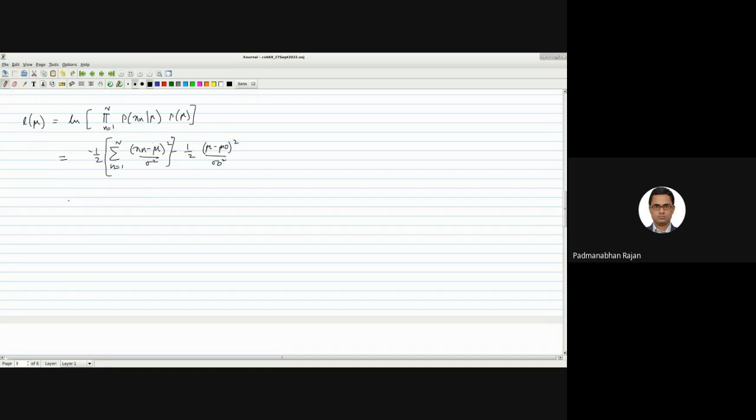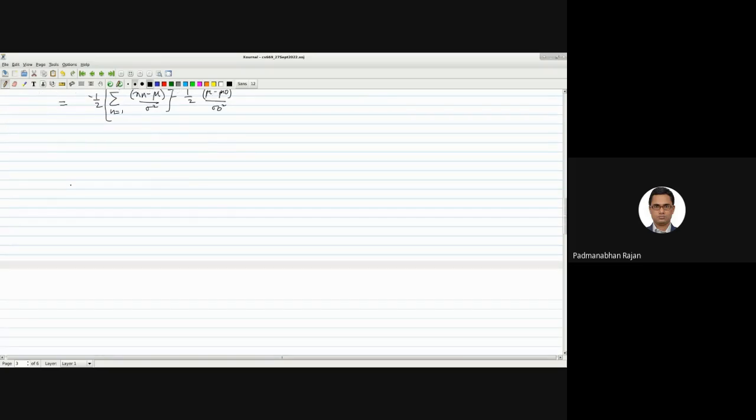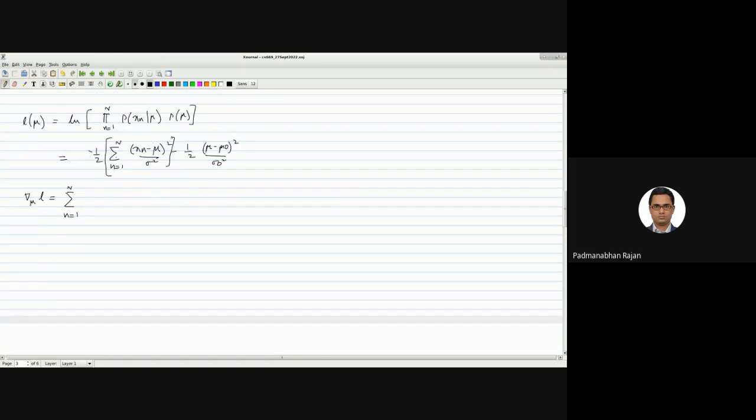Now we apply the same estimate, except that now we have an additional term. We are going to find the derivative of this likelihood L with respect to mu. Differentiating (xn minus mu) whole square gives 2 into (xn minus mu) multiplied by minus 1, because it is minus mu.